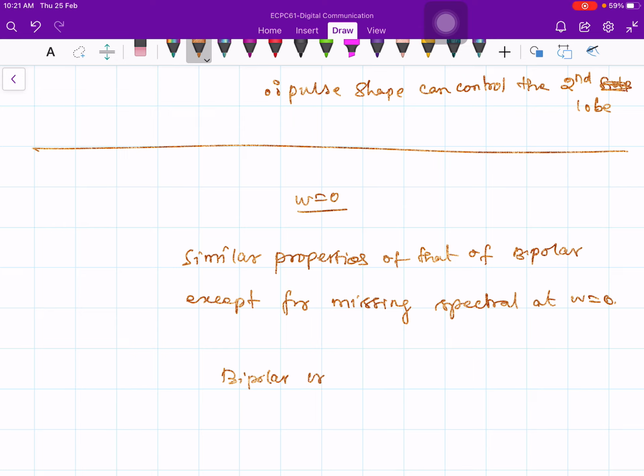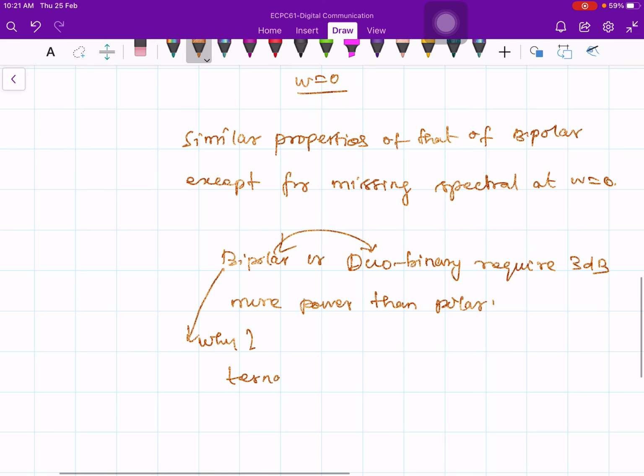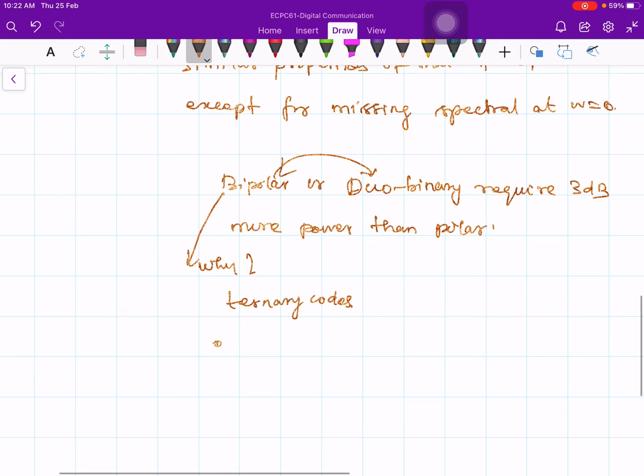And bipolar and duobinary require the same amount of power. Why? Because both of them are ternary codes. Therefore, the key point is the 3 dB disadvantage with respect to what?